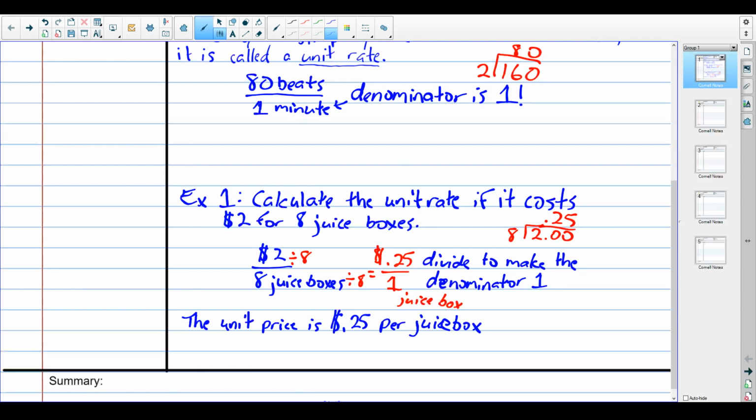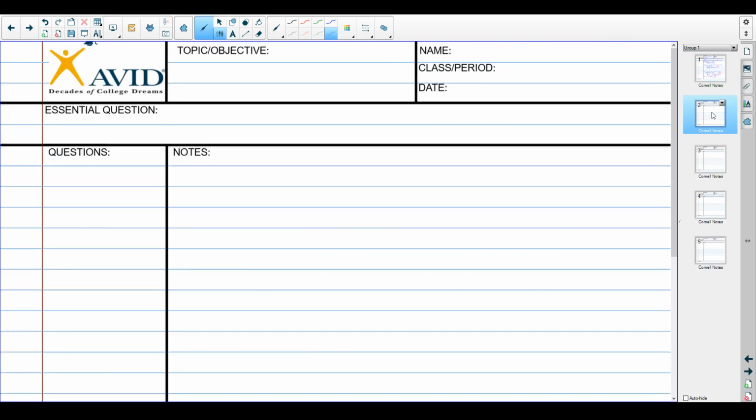Alright, that's the first part. Got one more example, and then we're done with this, because unit rate's pretty easy. Okay. It's a big thing we use them for. And in real life too, once you become an adult and money becomes a thing, we use unit rates to find the better deal.